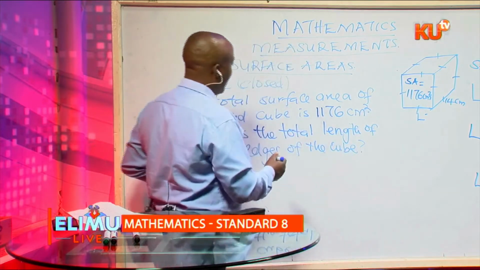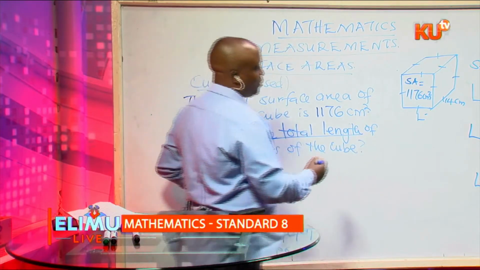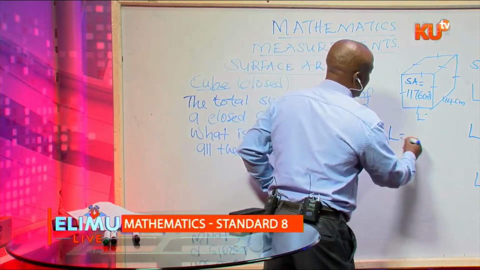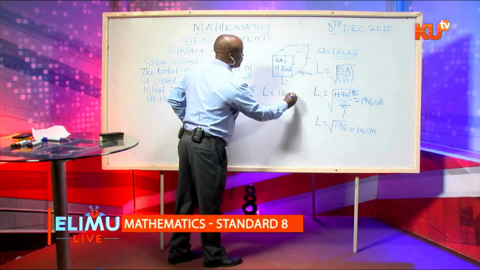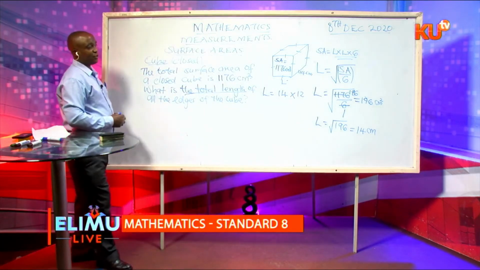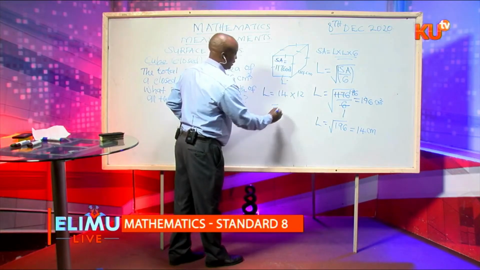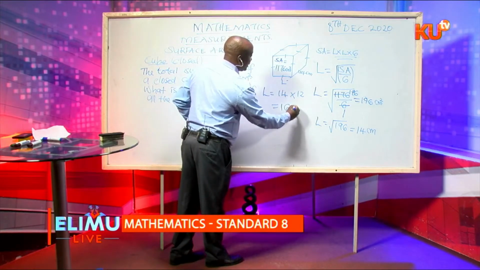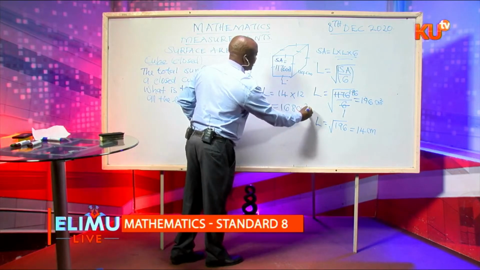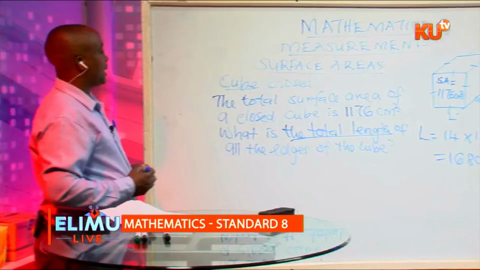So if we are getting the total length of all the edges, we take the length of one edge, which is 14, and multiply by the total number of edges, which is 12. So 14 times 12 gives 168 centimeters. That is the answer to our question.